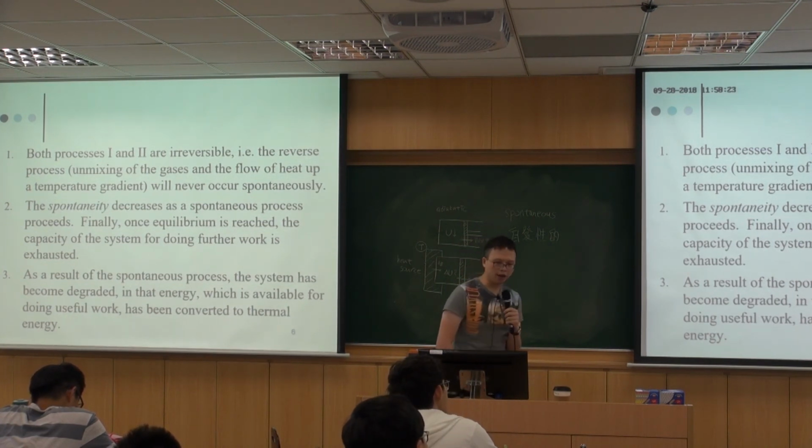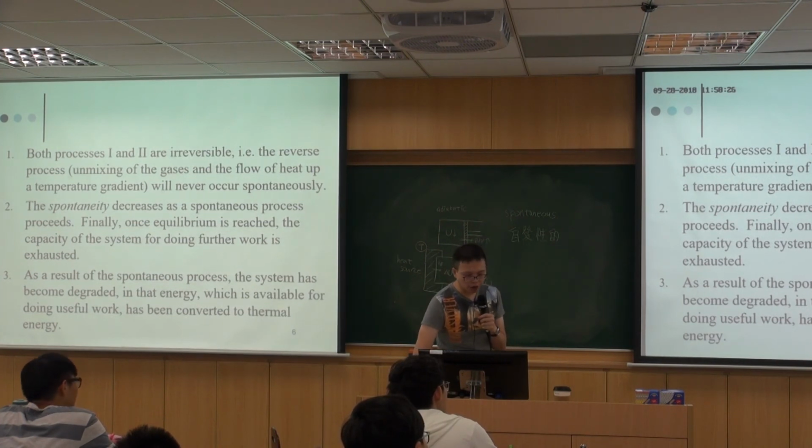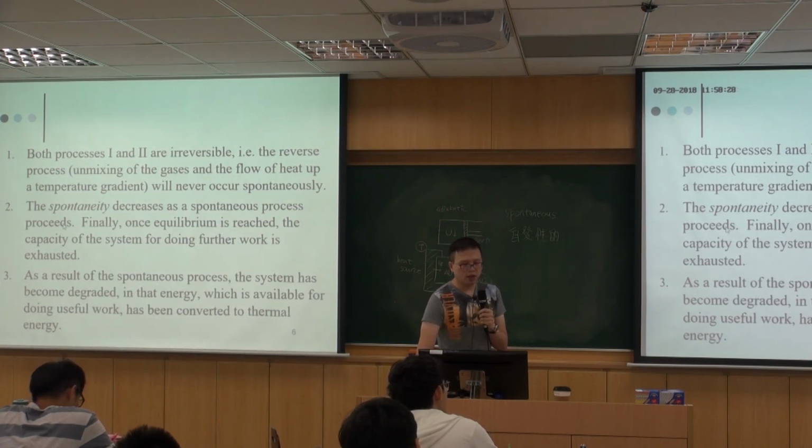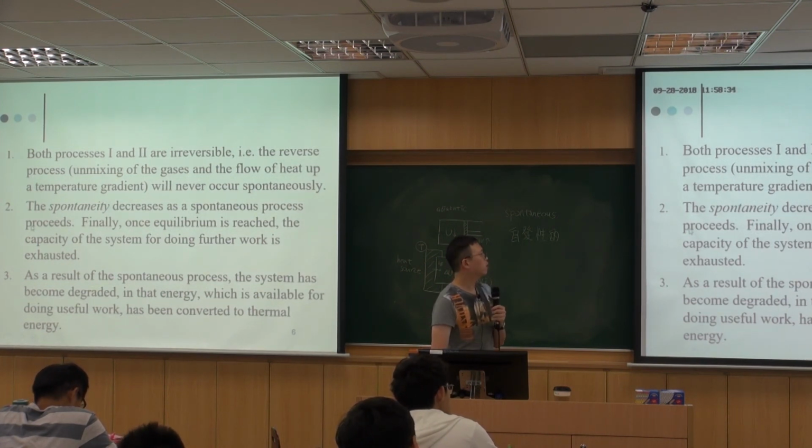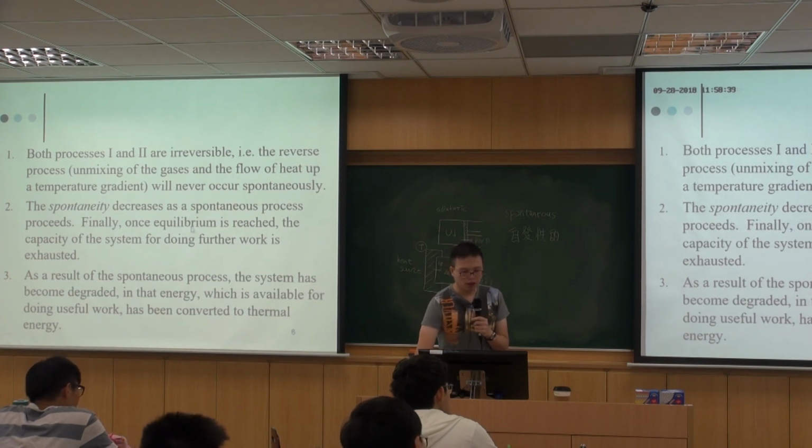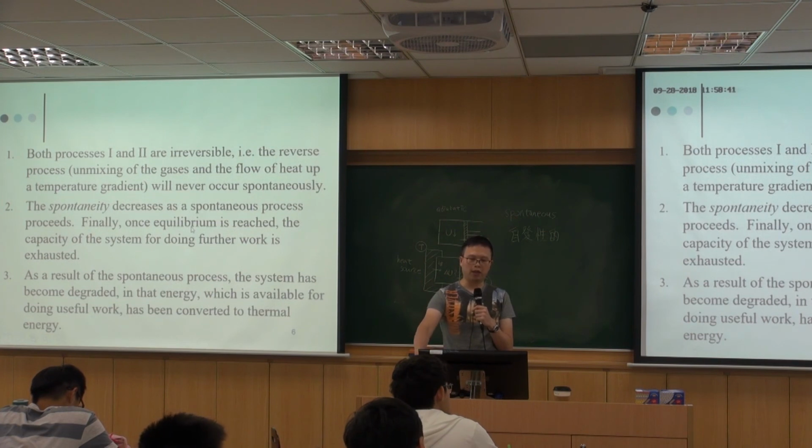And this spontaneity, this degree of spontaneous process, will decrease as the spontaneous process is evolving. So eventually, when the system is reaching an equilibrium, then there's no spontaneous process that can go on, right?